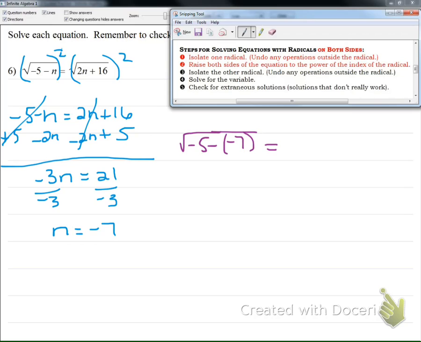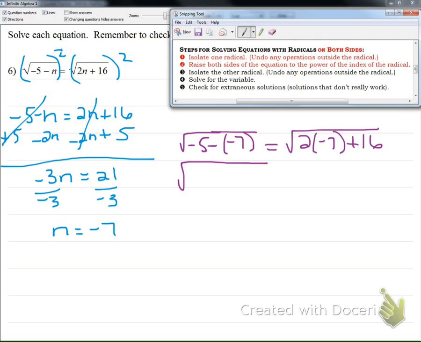Is equal to the square root of 2 times n, which is negative 7, plus 16. Alright. Simplify each side of the equation. We're not going to take anything from one side to the other, just simplifying each side by itself to see if they are equal.